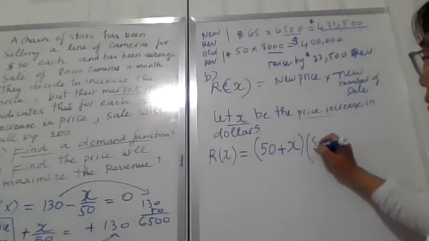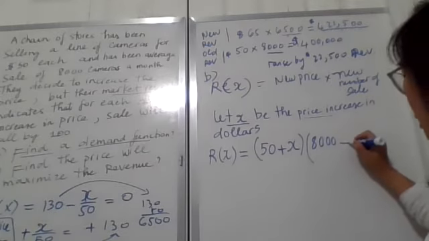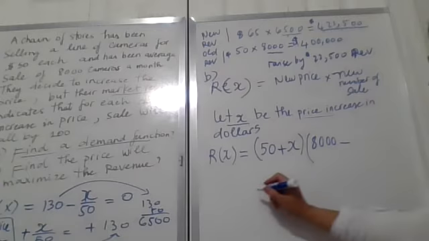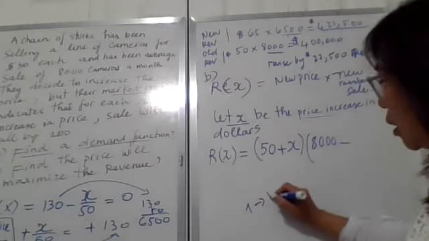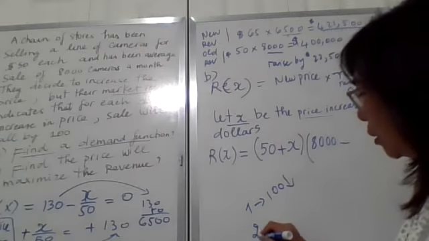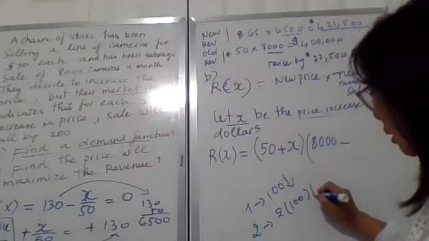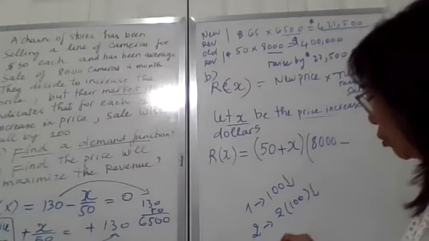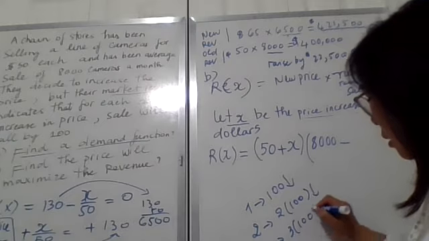And we know that our new sales will be 8,000 cameras, minus, for every $1 increase, 100 cameras. So if we increase by $2, it will be 2 times 100 cameras, right? If we increase by $3, then it will decrease by 3 times 100.